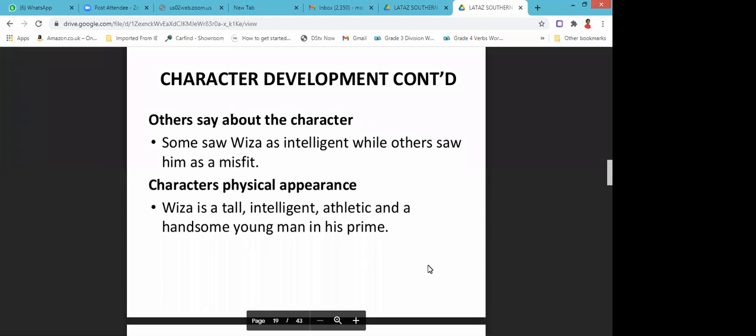Remember, he's temperamental. Then we come to character's physical appearance. The book says Wiza is tall, intelligent, athletic, and a handsome young man in his prime. So he's an adolescent in secondary school.